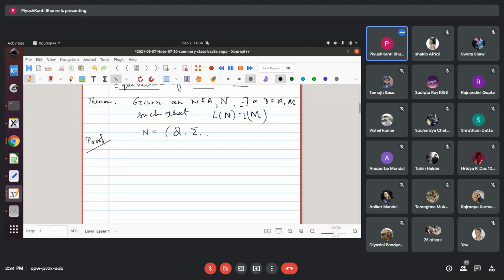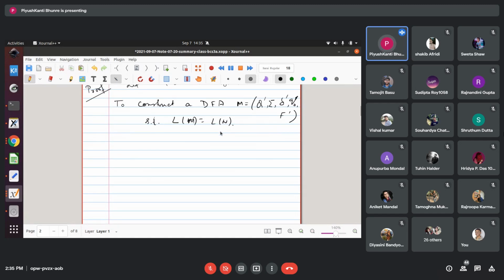So you have Q, Sigma, delta, then your start state q0, and your set of all final states F. To construct a DFA M, I call it Q prime, Sigma, delta prime, q0 prime and F prime, such that L(M) equals L(N). So how to construct that?